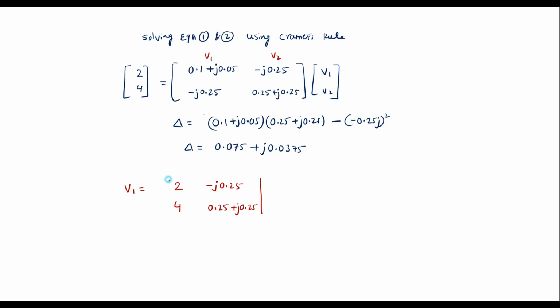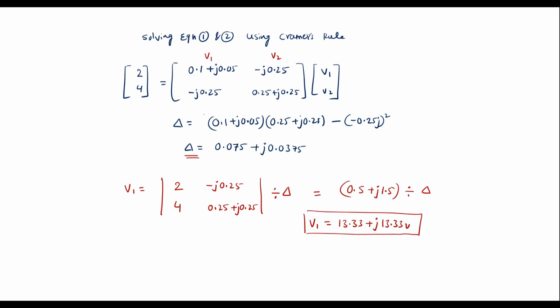We have to find the determinant of this, divided by delta. The determinant of this gives 0.5 plus j1.5, divided by delta. So solving this, we'll get V1 is equal to 13.33 plus j13.33 volts.